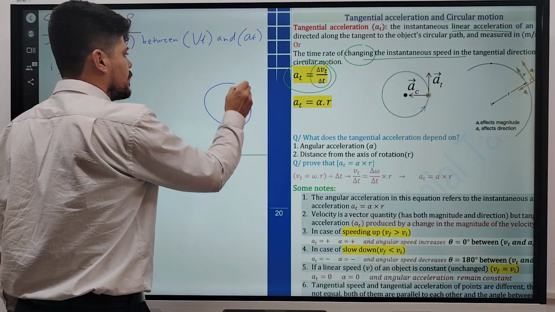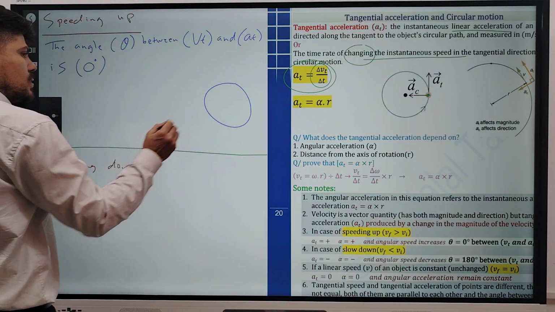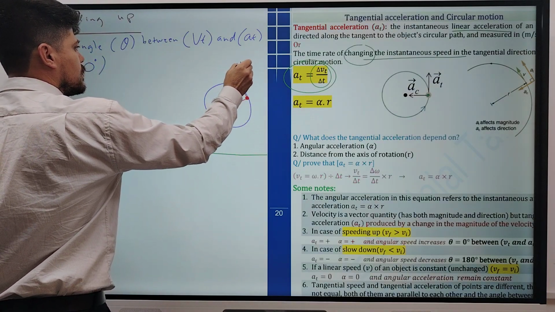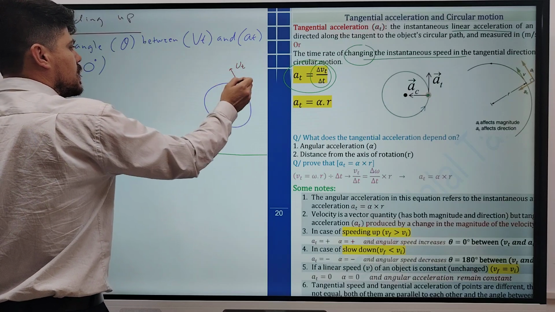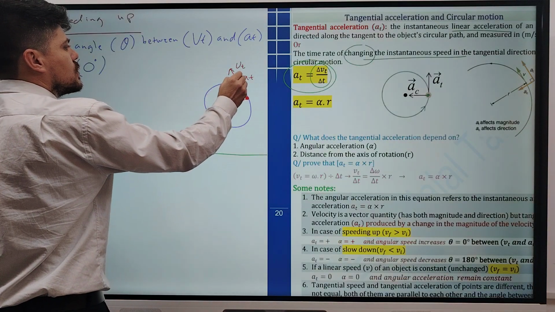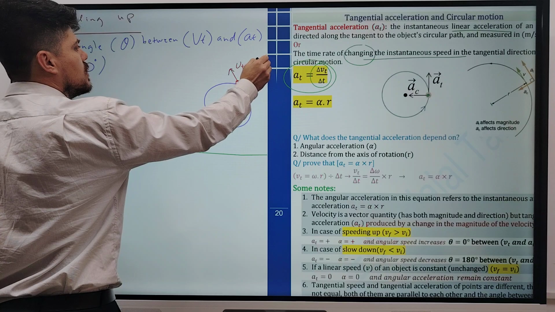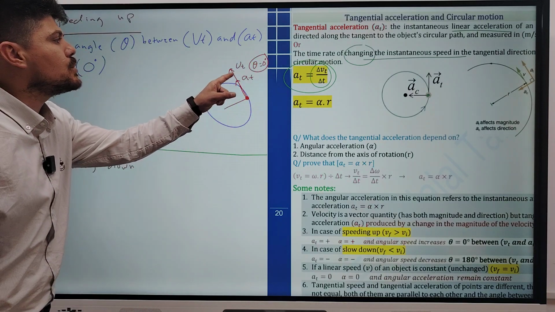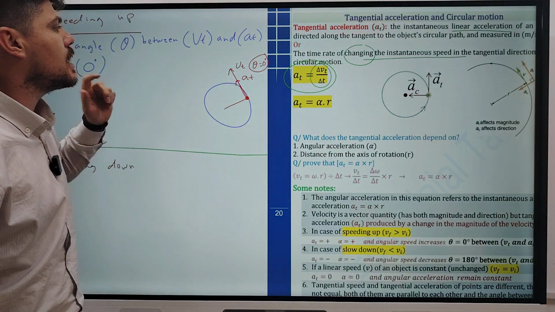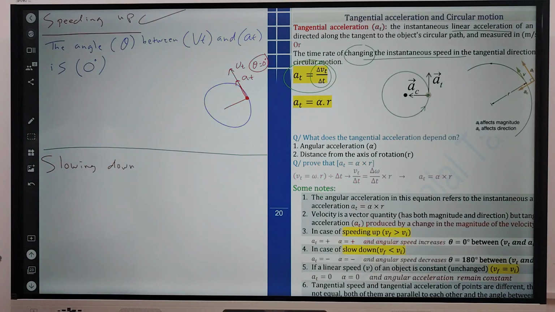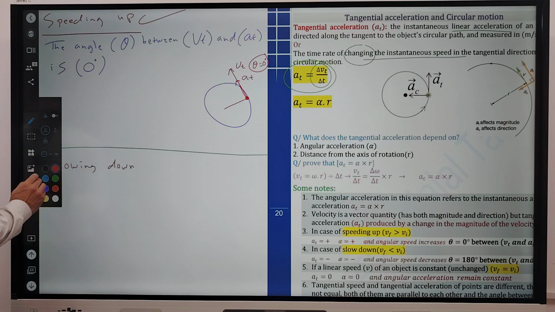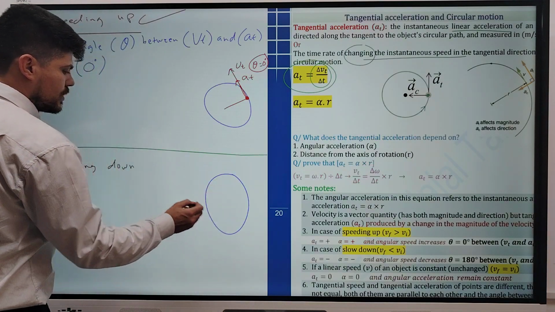Okay, for example, this is the circular path of an object. This is Vt. In the case of speeding up, this is At. What is the angle between these two vectors? 0 degrees. When does the angle between tangential speed and tangential acceleration become 0 degrees? In the case of speeding up. Be careful.